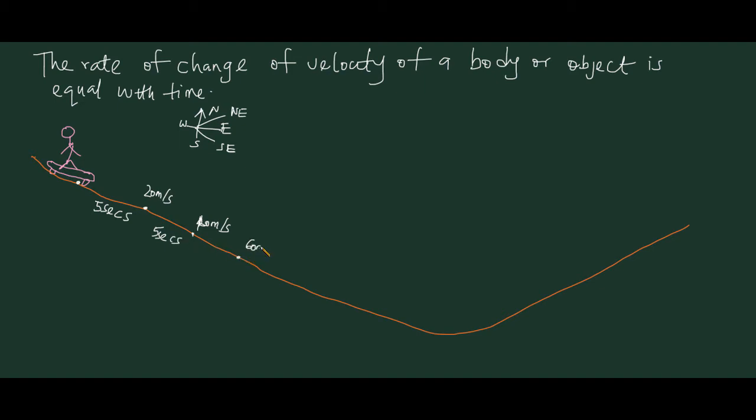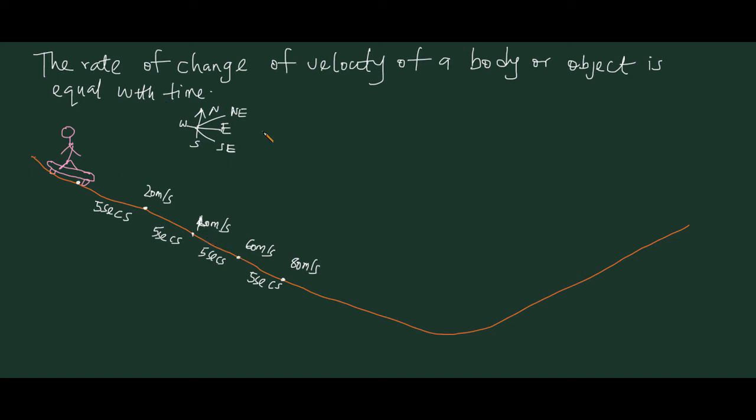This place will be 60 meters per second in 5 seconds, and it keeps on increasing down this ramp, 80 meters per second in 5 seconds, till it gets to the bottom. So you can see that the rate of change of velocity of this skateboarder, this is the body, is equal with time. We have equal time and equal change in velocity.